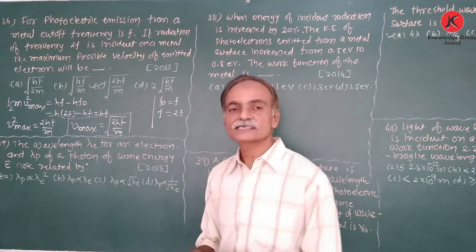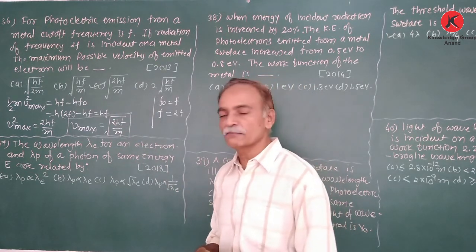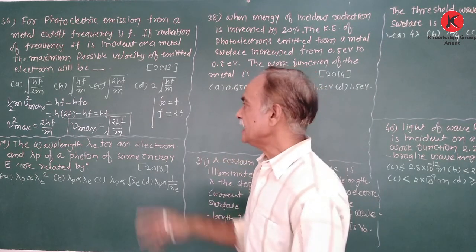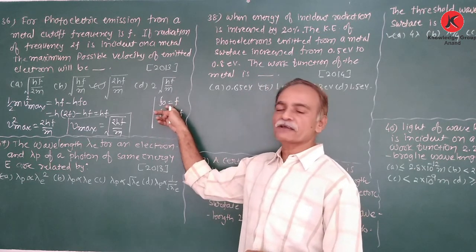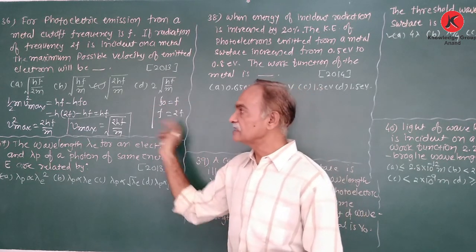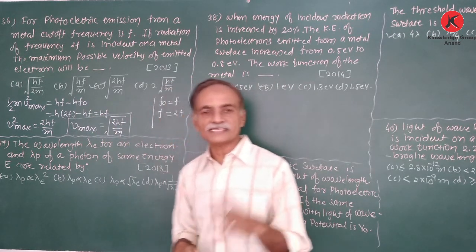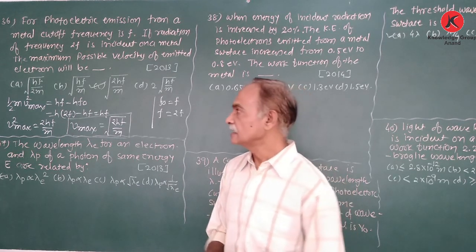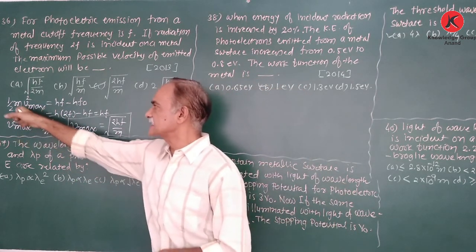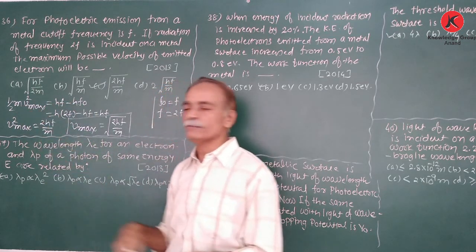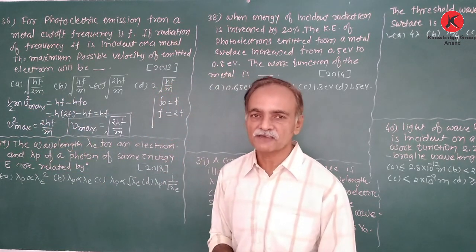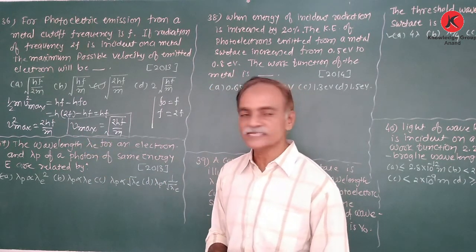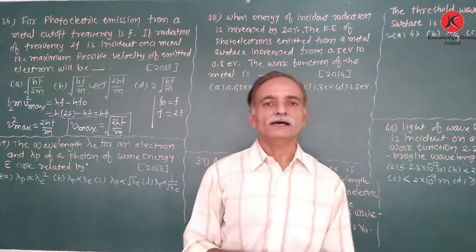From Einstein's equation, (1/2)m v²max is equal to hf − hf0. Substituting, h into bracket 2f minus hf, this subtraction is hf. So v²max is equal to 2hf upon m. We require the maximum velocity, therefore vmax is equal to the square root of 2hf upon m. Okay.